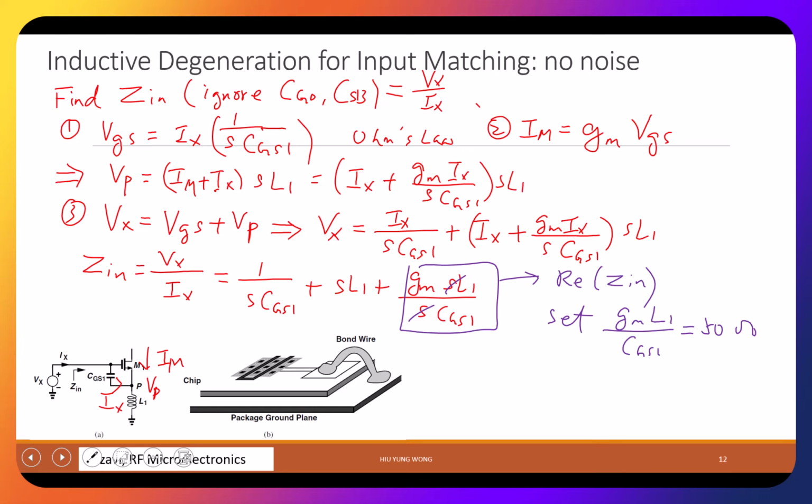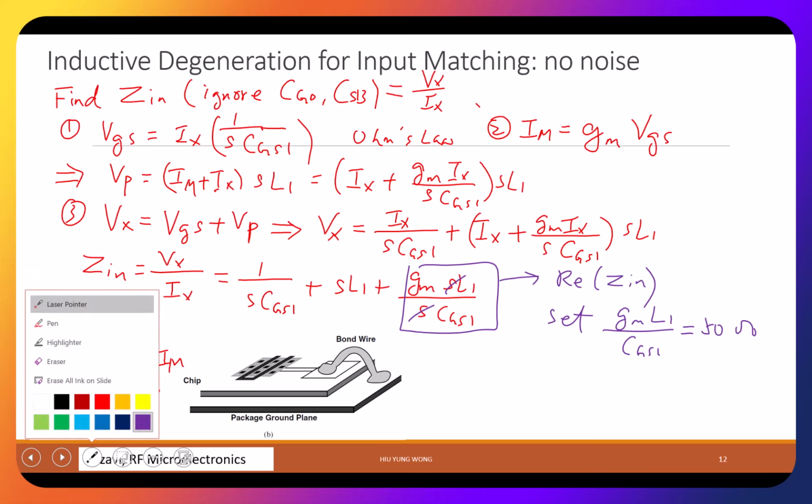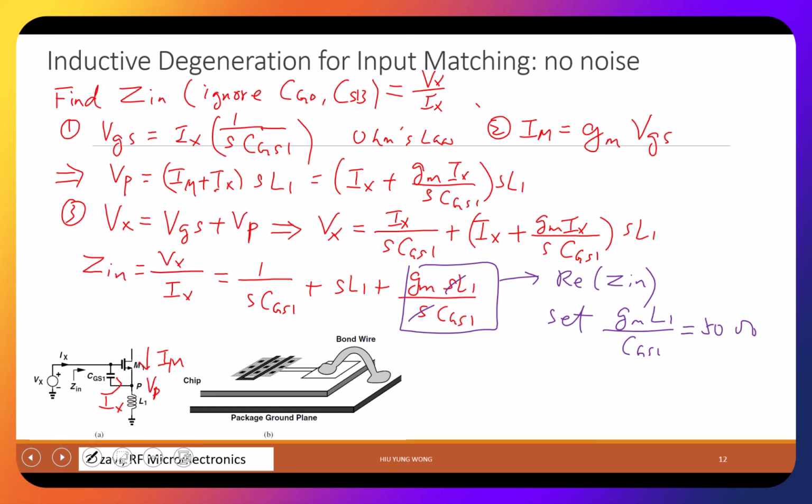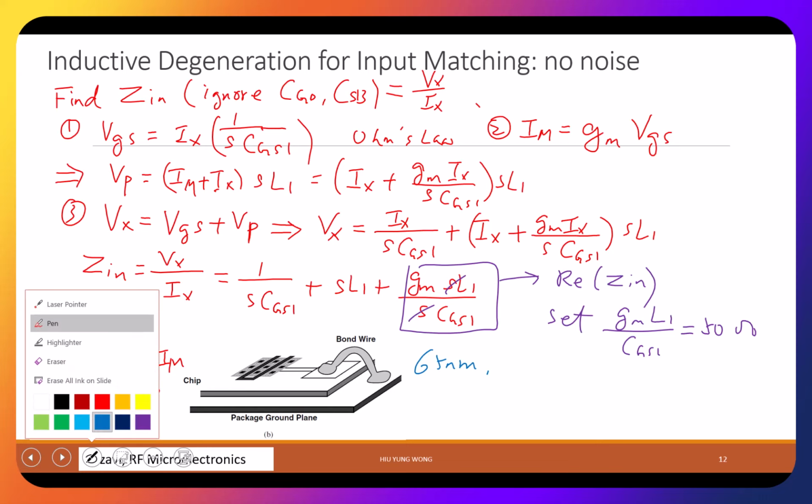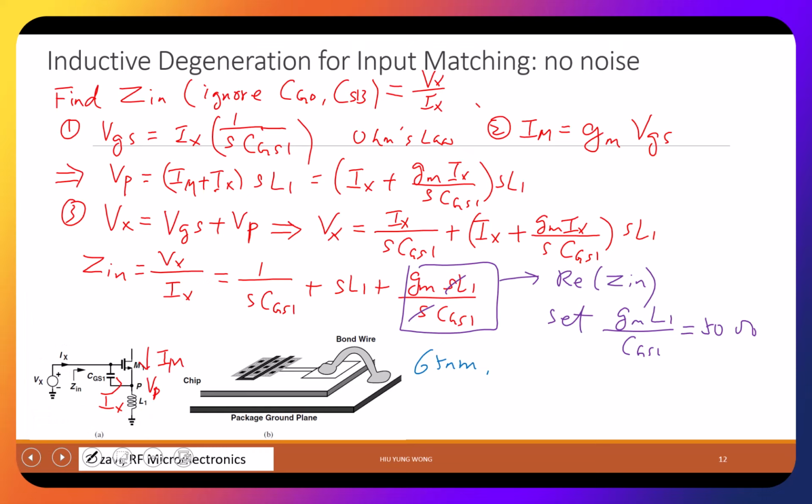But there's one problem with this that we need to be careful about. So what you see is this, in 65 nanometer, right? I forgot to say one thing though. What is gm divided by CGS approximately equal to? Very good. Omega T times L1. So basically now, your input impedance equals the transit frequency times the inductor, right?